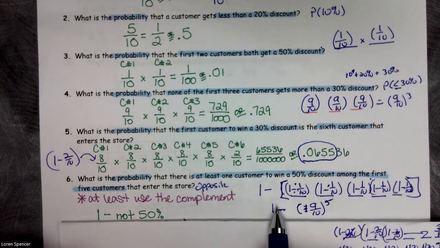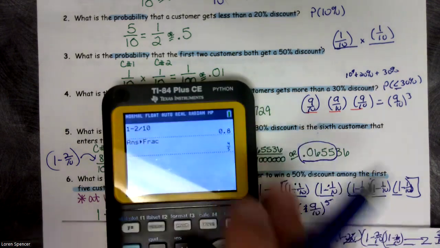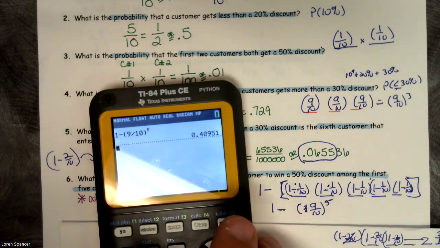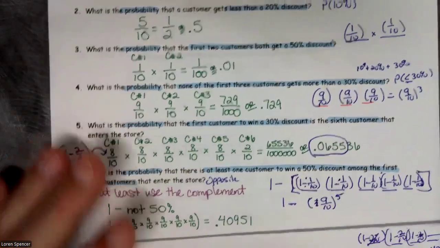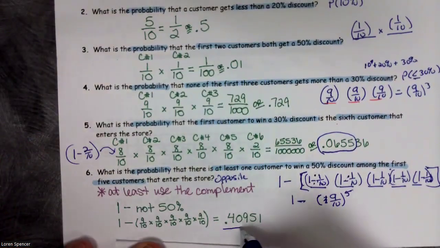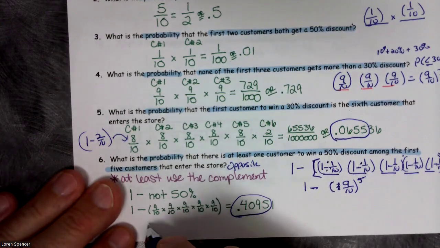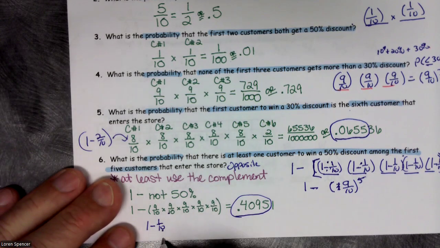Please remember, 1 minus the opposite. Opposite is the complement. So here we go: 1 minus parenthesis 9 divided by 10 raised to the fifth power, and we get 0.4095. And once again, you can truncate right here. This 9/10, and I just want to point it out to you again, is the 1 minus the 1/10. 1/10 was the probability of getting 50%.